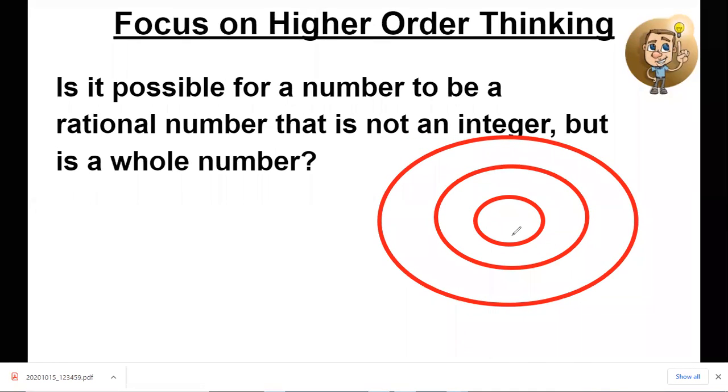Whole numbers go here, integers go here, and rational numbers go here, right? So can a number be a rational number and a whole number, but not be an integer? Can it be that way?